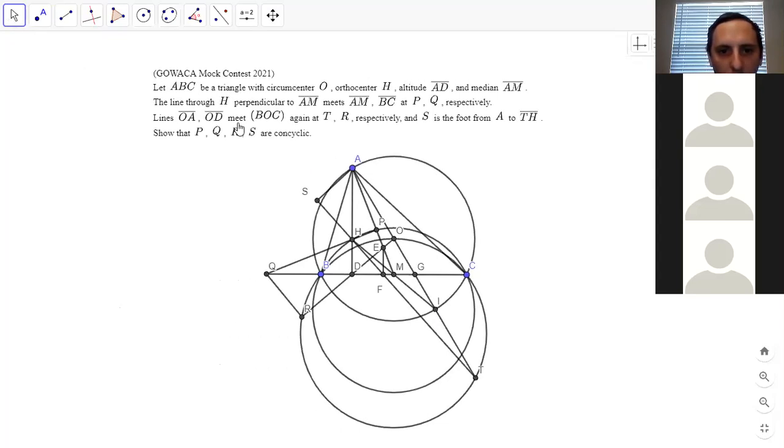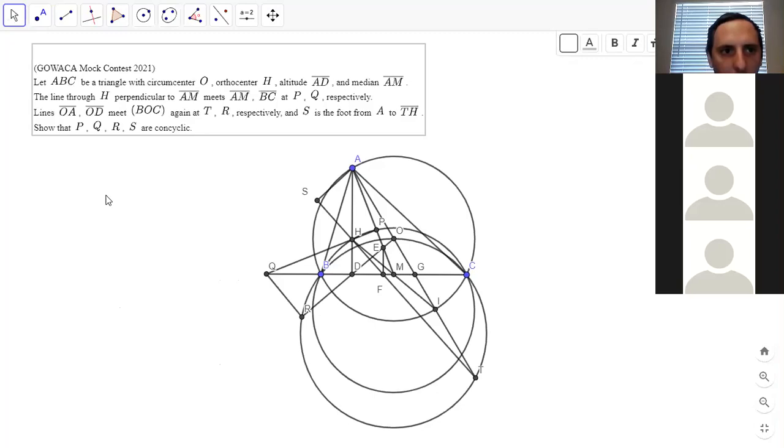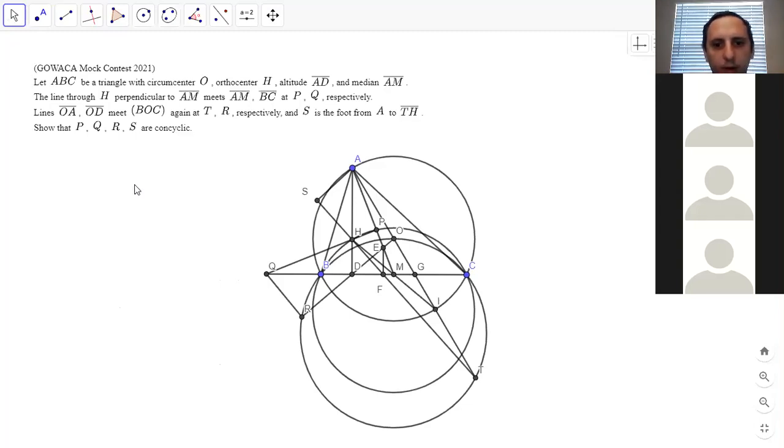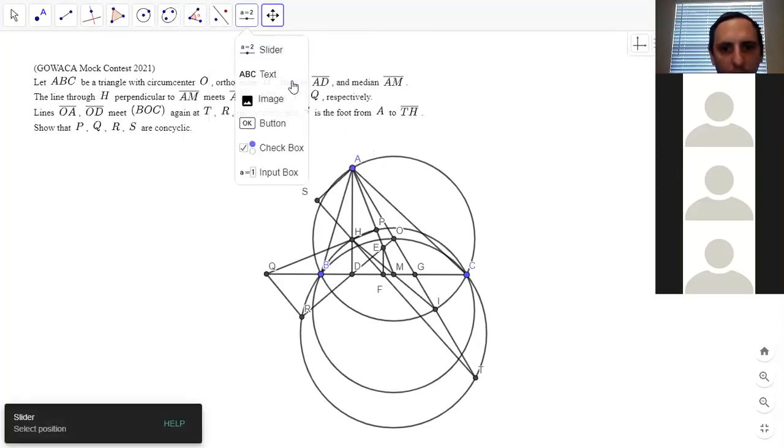Okay, so what points did we introduce? F: let TH intersect BC at F. Well, we didn't finish the problem actually, but we are close.